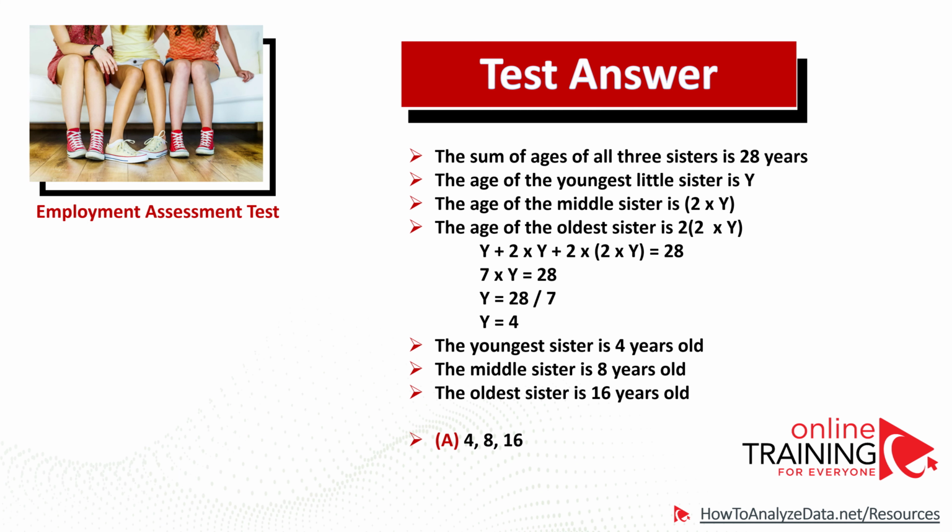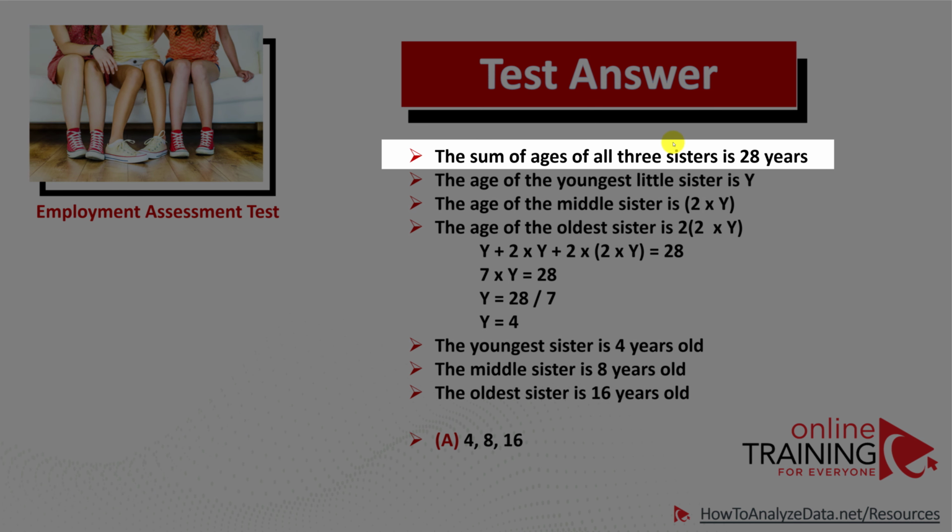To solve this challenge, I'll show you how to build a formula that will lead you to the solution. But in the end, we will also look at the alternative way, which might be faster. So the sum of all ages for the sisters is 28 years. We will introduce the variable y, and based on the variable, we'll try to create a formula to calculate the age of each sister.